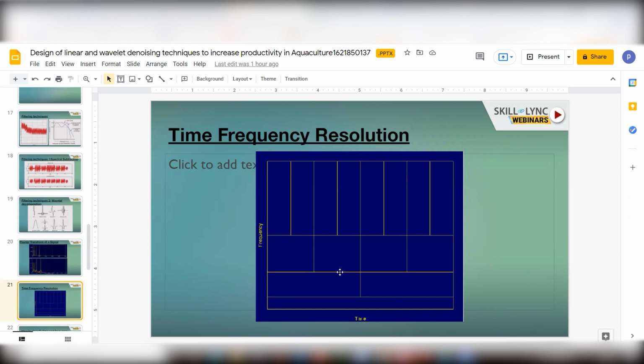So this is what explains time and frequency resolution in a better way. If you observe, this is time and this is frequency. For lower frequencies, the time resolution is not so good, because these frequencies are present over this much time, so we can't say a particular time where this frequency is exactly present.